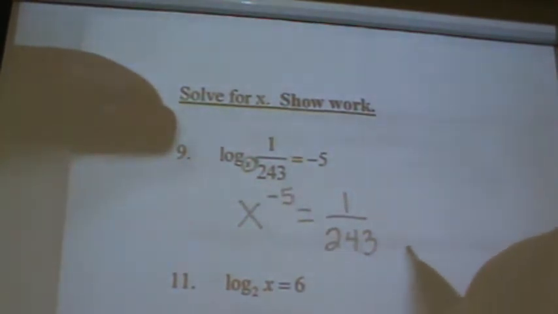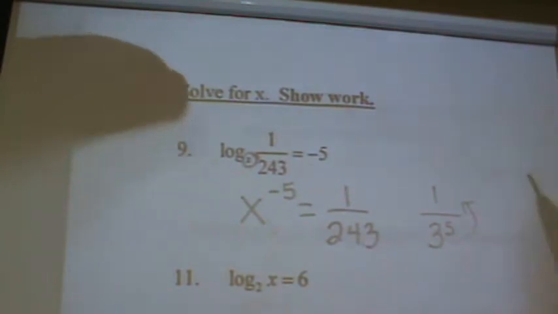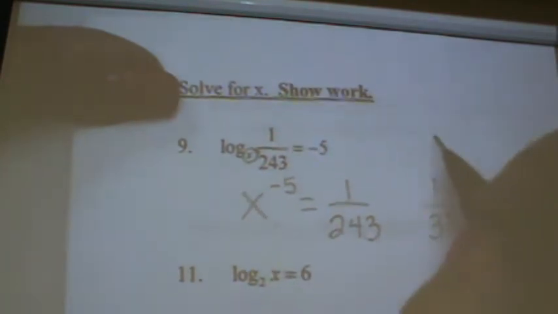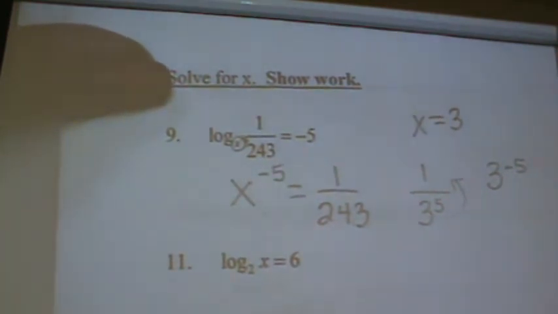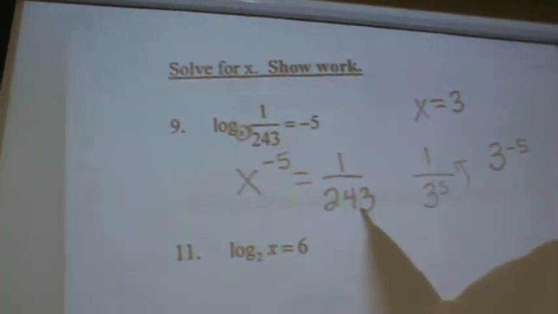If you wrote this, this is 3 to the fifth power. So if you move this up, it's 3 to the negative fifth. So what would x have to be? X is 3. Well, 3 times 3 times 3 times 3 times 3 is 243.